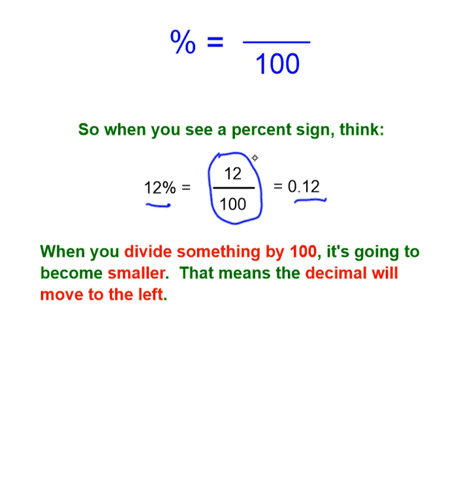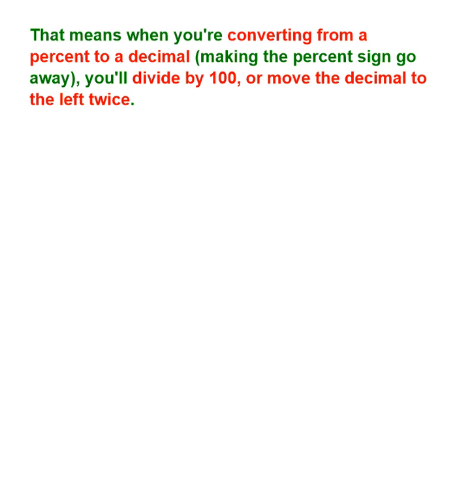You could do this division on your calculator: 12 divided by 100, and your calculator would return 0.12. Or you can just use your knowledge of decimals to know that 12 hundredths is written 0.12. So if you look at the pattern going from here to here, the decimal moved 2 places to the left. So converting from a percent to a decimal, divide by 100 or move to the left twice.